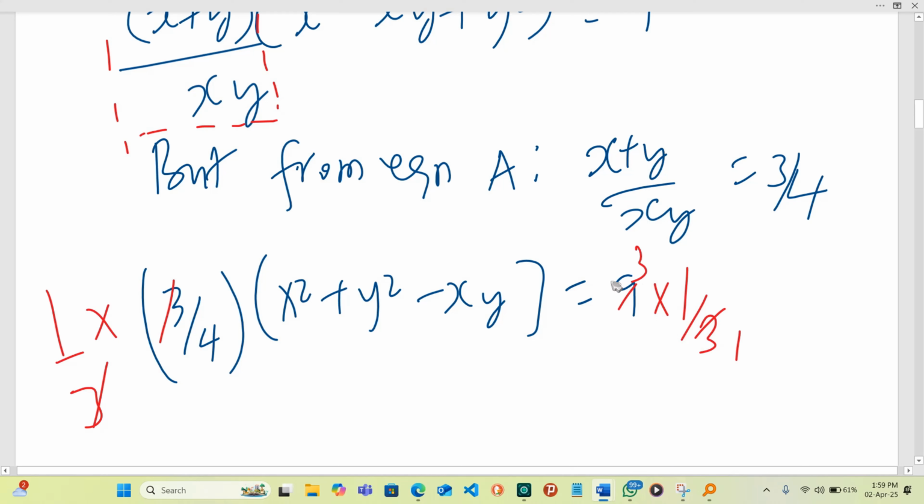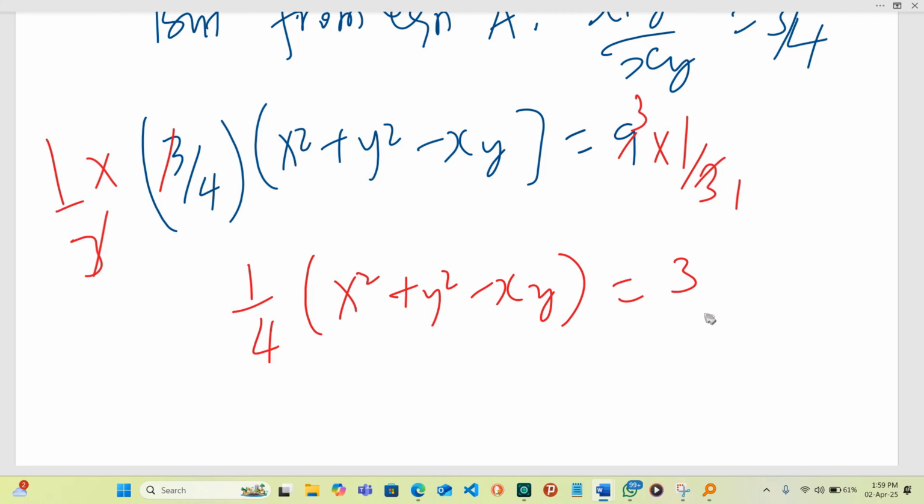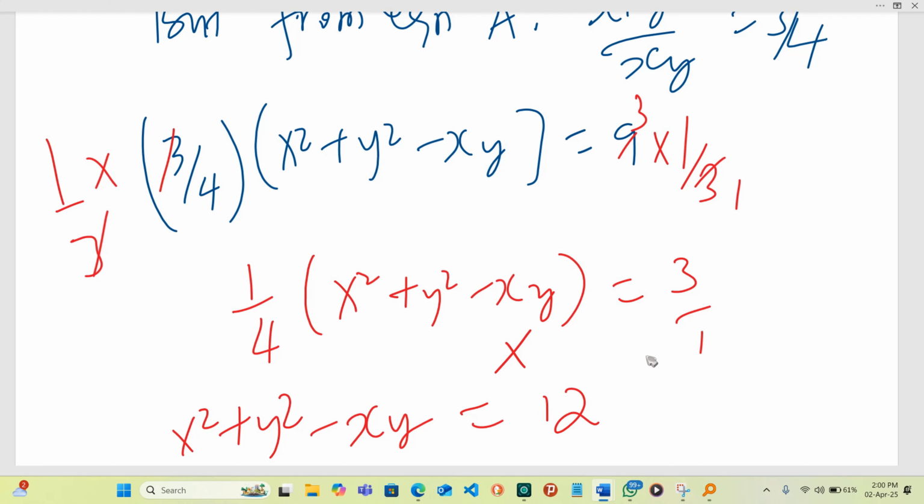Then we cross multiply, so we'll have 1 over 4 times (x squared plus y squared minus xy) equal to 3. Cross multiplying again, we have x squared plus y squared minus xy is equal to 4 times 3, which is 12.